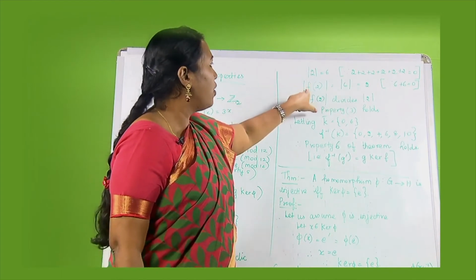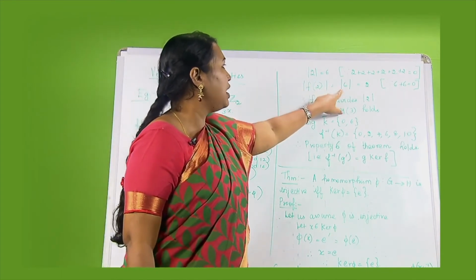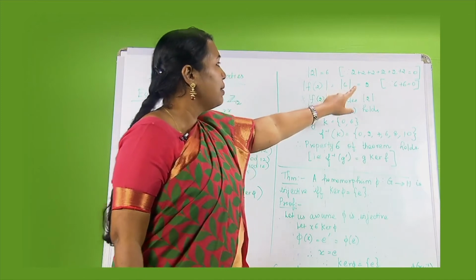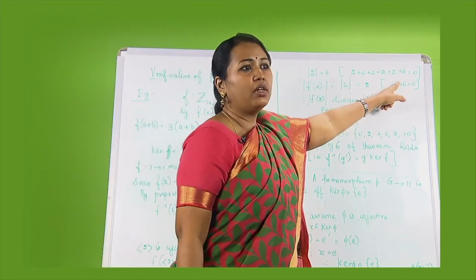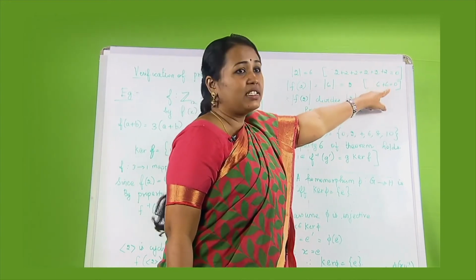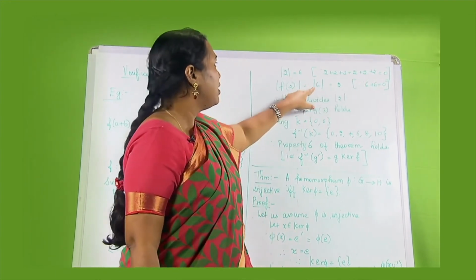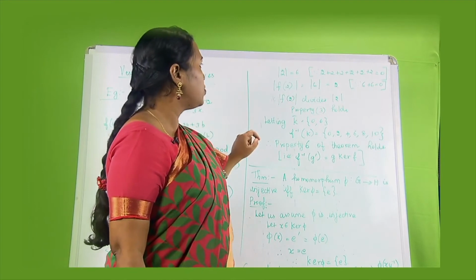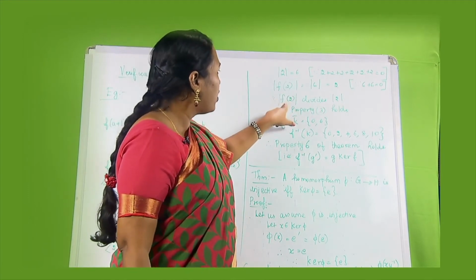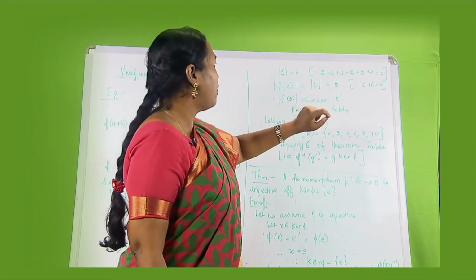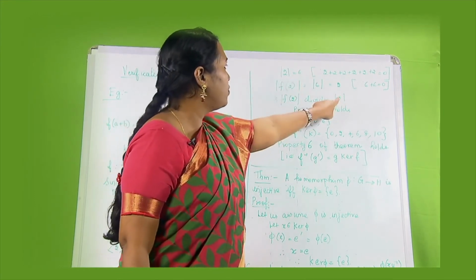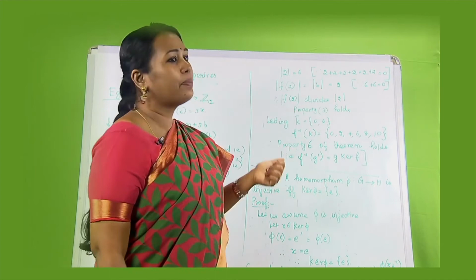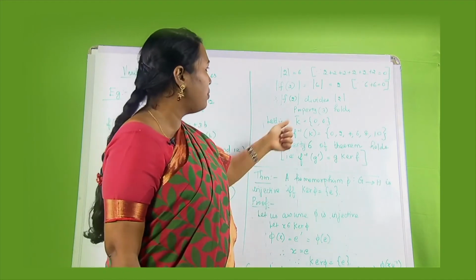Therefore, the order of f of 2 is equal to the order of 6, but 6 if you add 2 times, you get 12, which is equal to the additive identity 0 of Z12. Therefore, order of 6 is equal to 2. Clearly, the order of f of 2 divides the order of 2. We know that 2 divides 6, and therefore the order of f of 2 divides order of 2, and hence property 3 of the theorem holds.